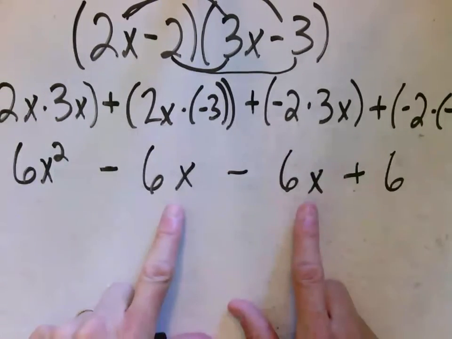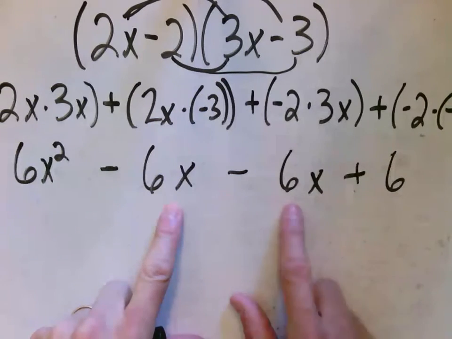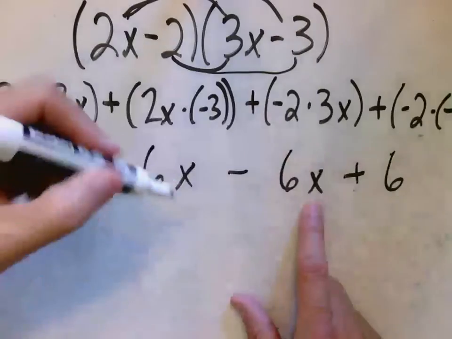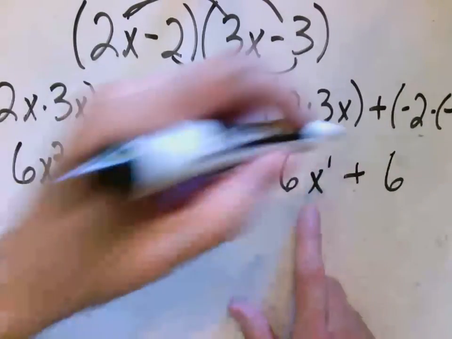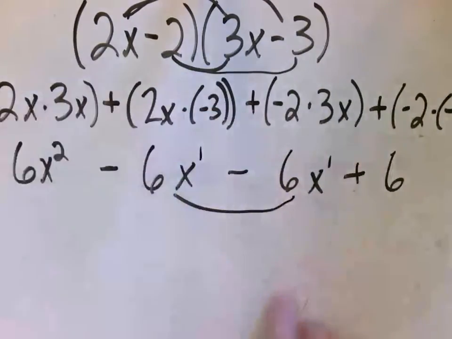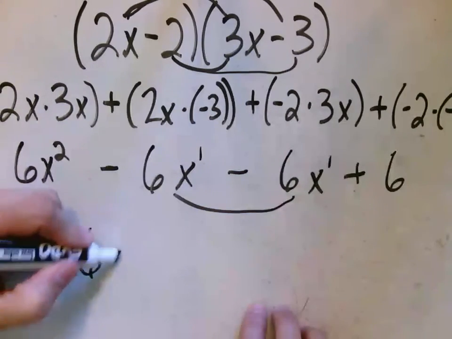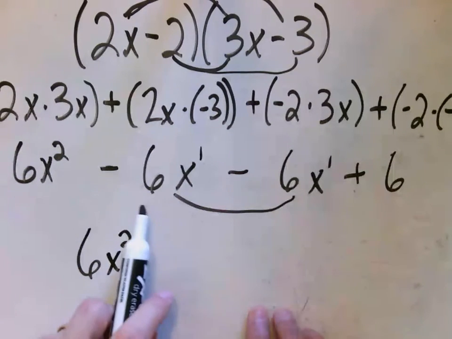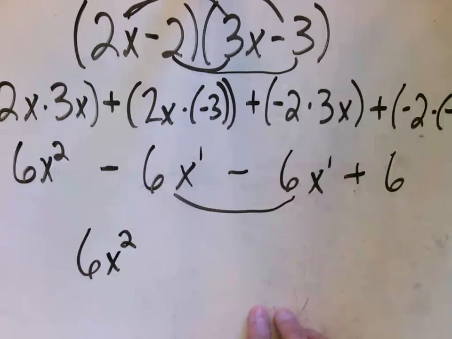Like terms. We have a negative 6x minus 6x. They're like terms. They have the same variable and the same exponent value. Right? They're both exponents of 1. We're going to be able to combine these two terms together. 6x squared stays. Can't combine it with anything, so it just comes down here. Negative 6x minus 6x.